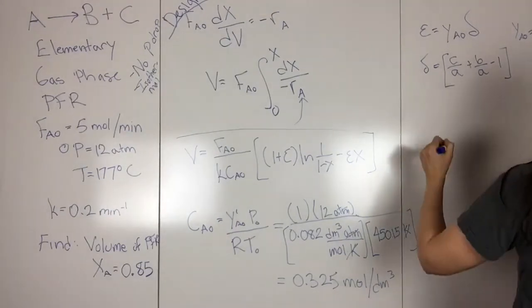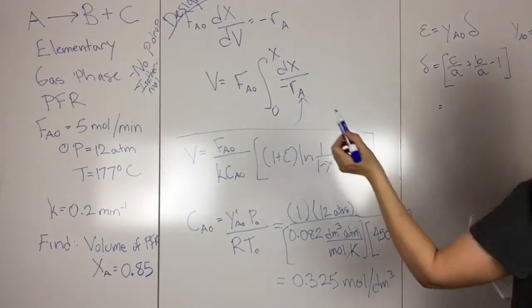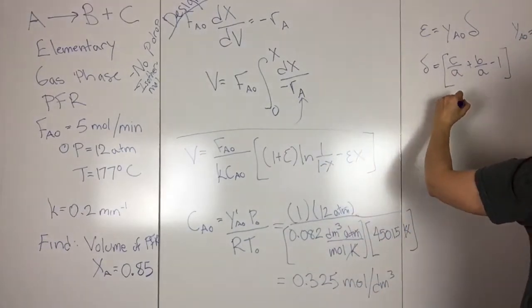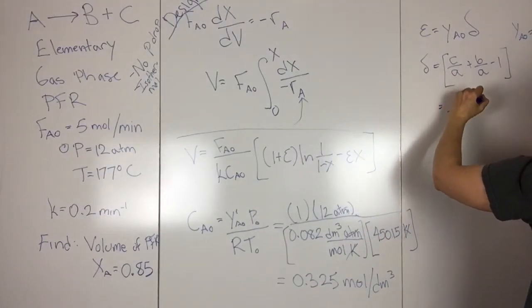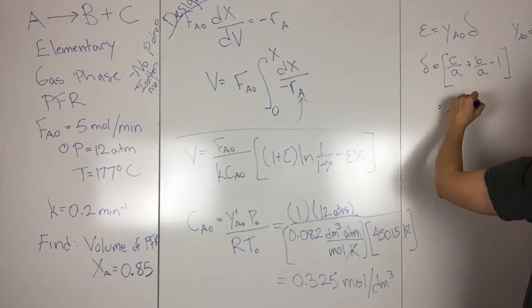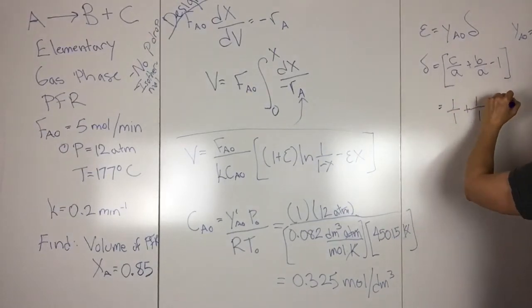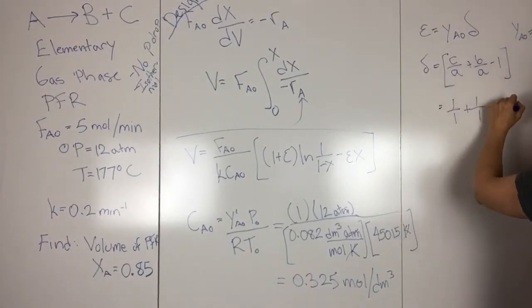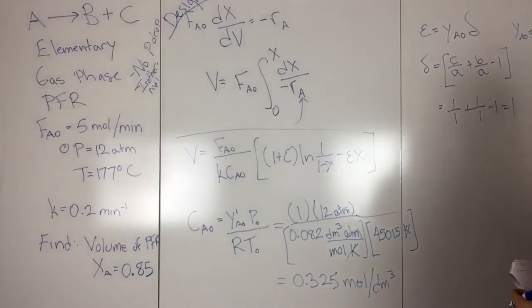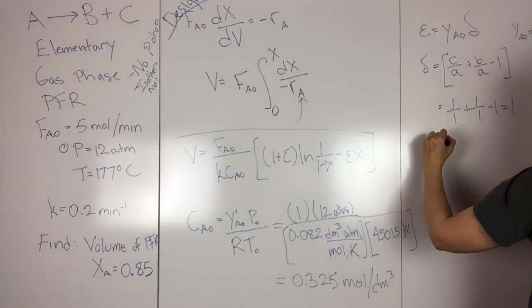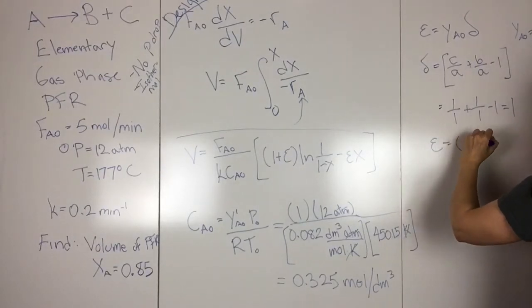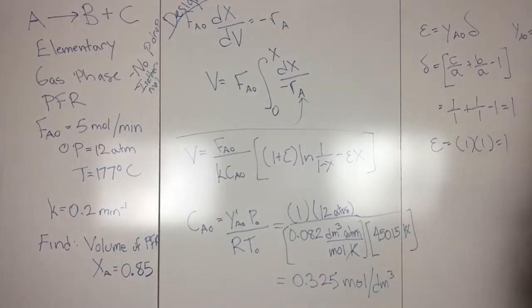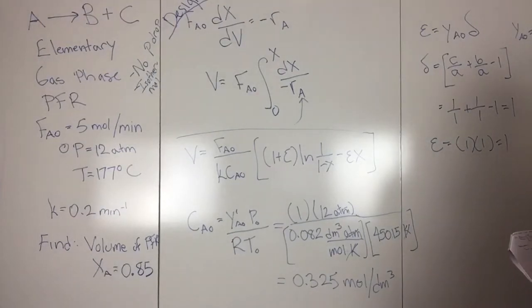C over A is 1, B over A is 1, so 1 over 1 plus 1 over 1 minus 1, that equals 2 minus 1, which is 1. So then we plug that in. Epsilon is equal to 1 multiplied by 1 equals 1.